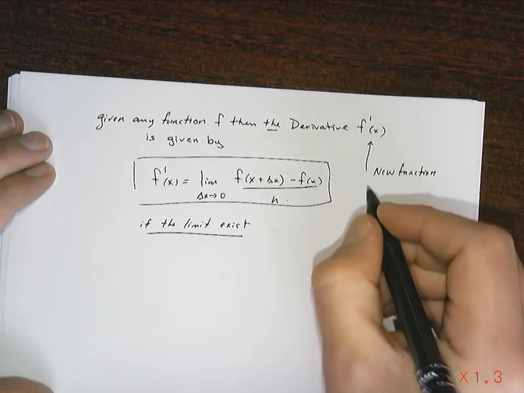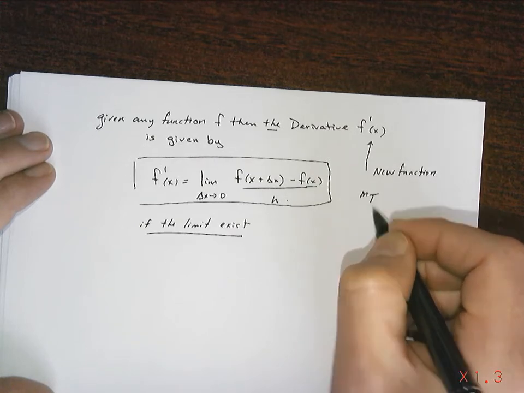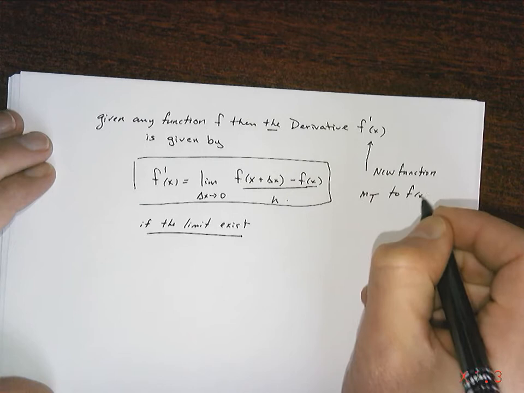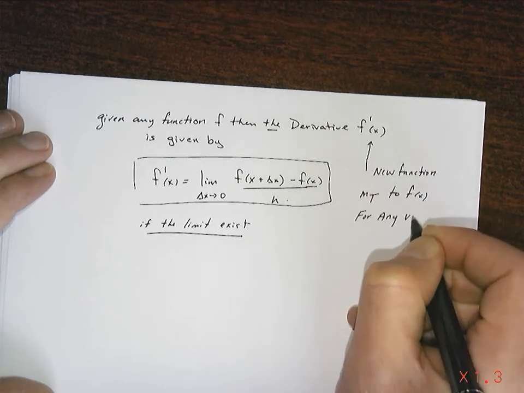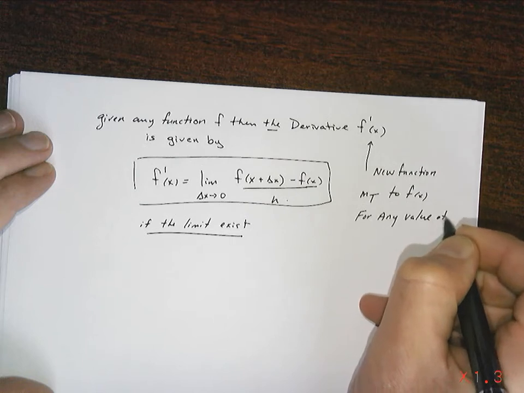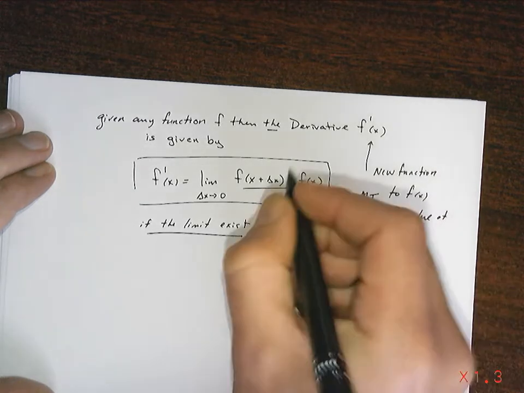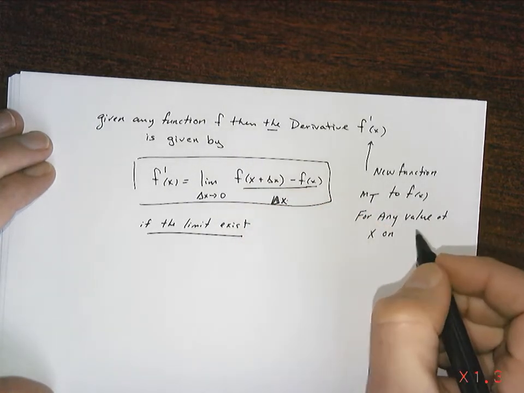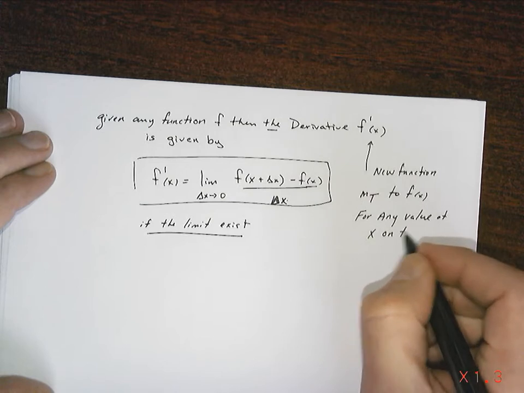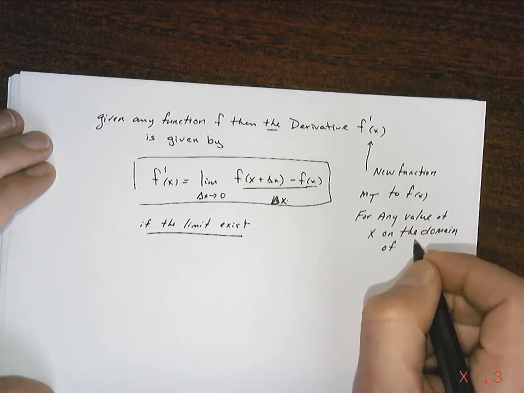And what this new function gives you is the slope of the tangent to f of x for any value of x. So you put an h on the bottom. Oh! Delta x, for any value of x on the domain of f.